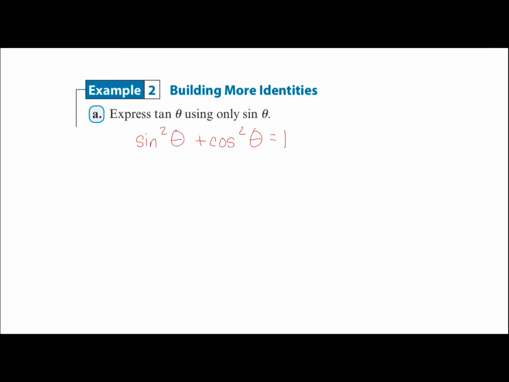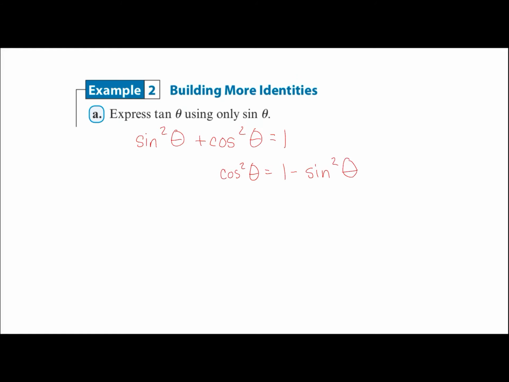We want to get the cosine all by itself, so we are going to subtract sine squared from both sides. When you do that, you will get cosine squared theta equals 1 minus sine squared theta.